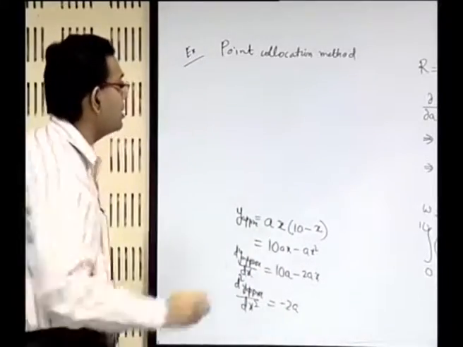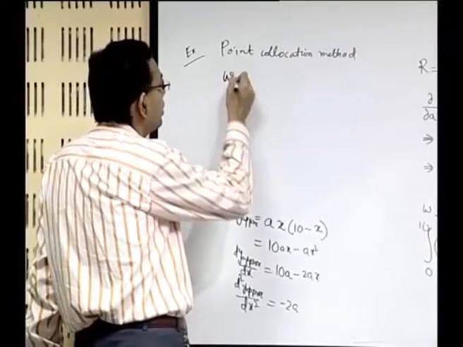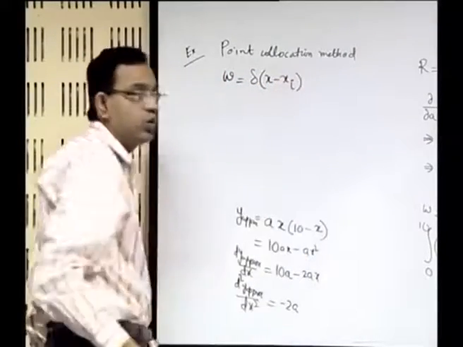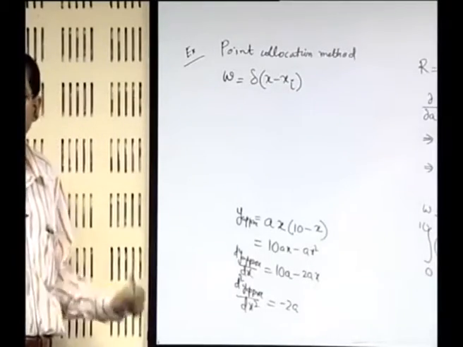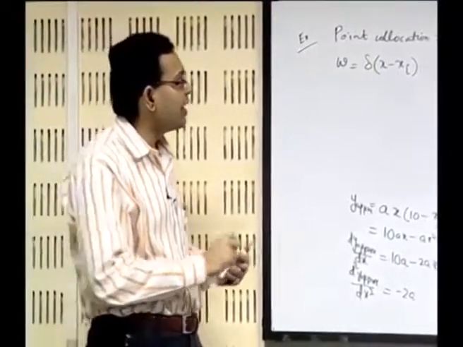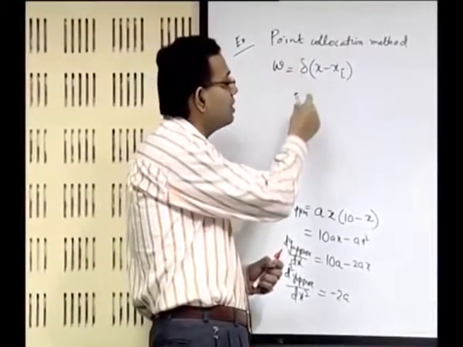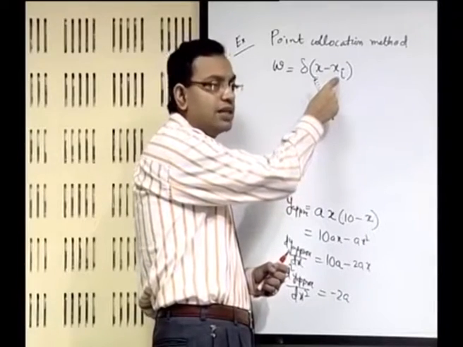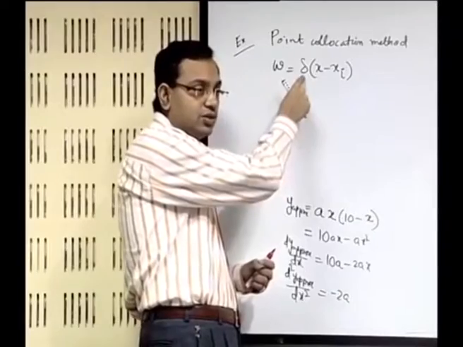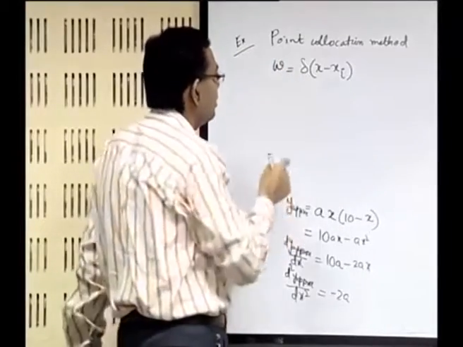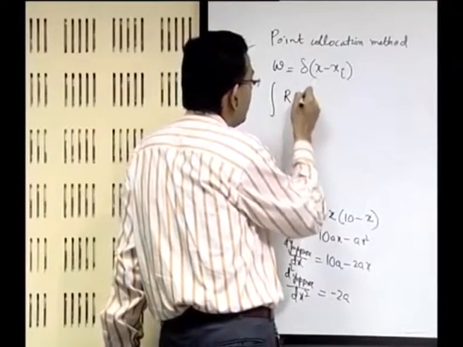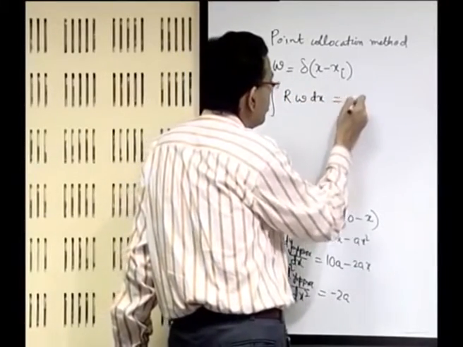We have the weighting function as the Dirac delta function at some chosen points which are collocation points. What is the whole idea? The whole idea is that you try to satisfy the value of the function at some chosen points given by x equal to xi. So, this is the delta function. So, when you have this one, then what is the result of the integral? So, you have integral r w dx equal to 0.